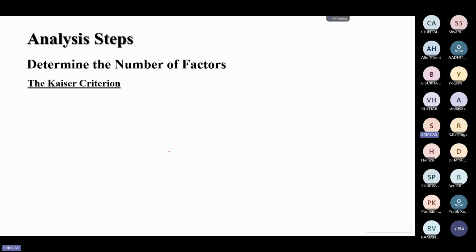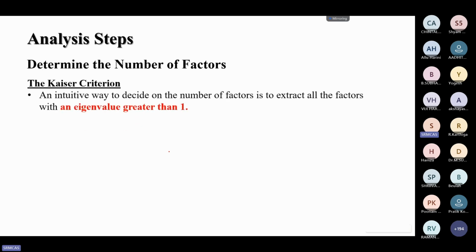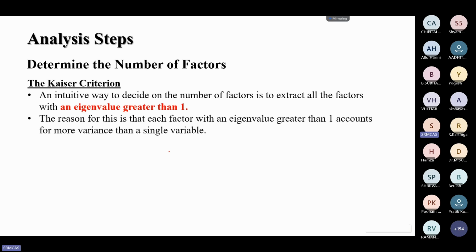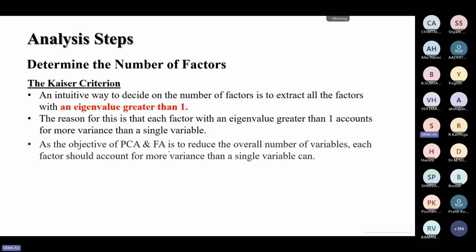One is the Kaiser criterion, which is based on the eigenvalue we saw previously. The factors which have eigenvalues of more than one will be treated for the further process of analysis. The reason behind this is that each factor with an eigenvalue greater than 1 accounts for more variance than a single variable.